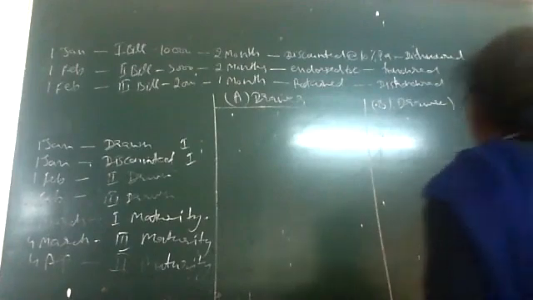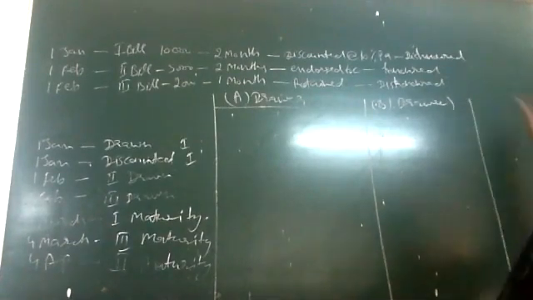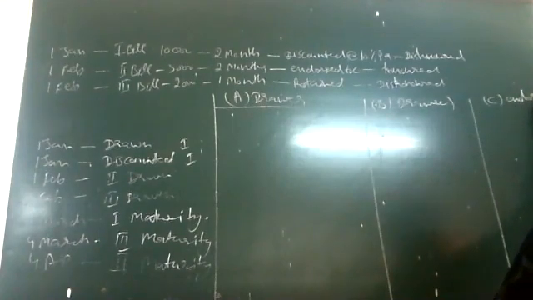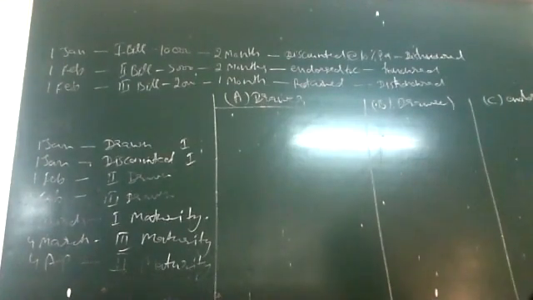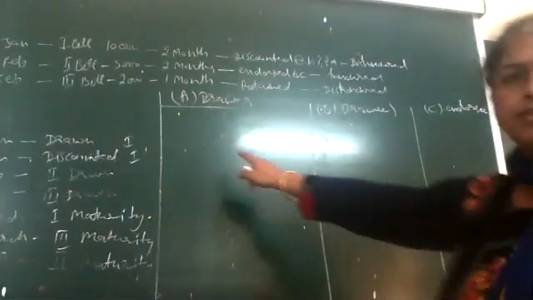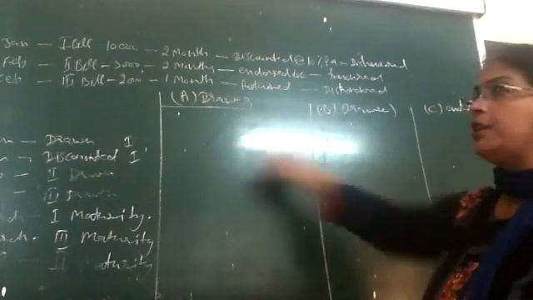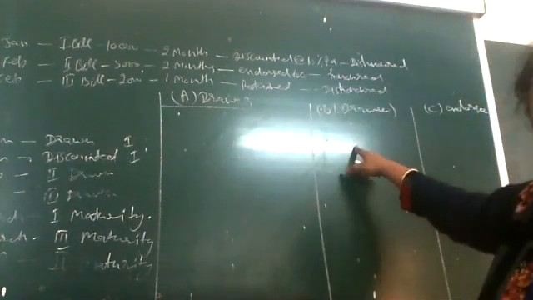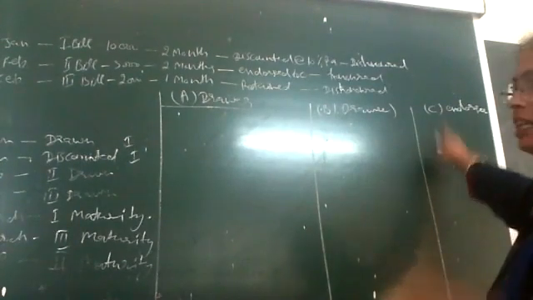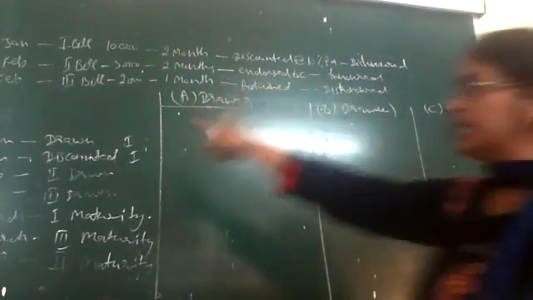The third one is C, the endorsee. So we have three parties: A is the drawer of the bill, B is the drawee of the bill, and C is the endorsee. Let's see from the first, date wise we will start.